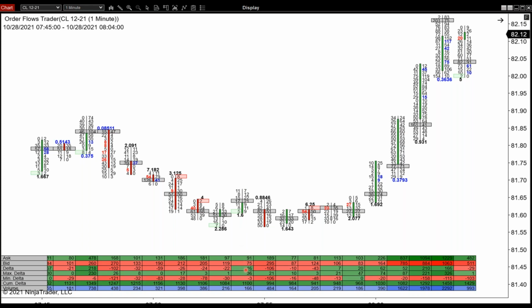Well, how is it 16? It's because when you add everything up traded on the offer, it's 91 contracts. The volume traded on the ask is 91, the volume traded on the bid is 75. So that's how you end up with 16. Just like this red bar, volume traded on the ask is 189, volume traded on the bid is 295. So minus 106 is the delta.